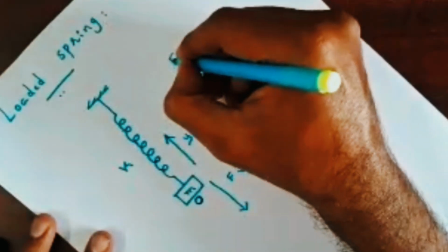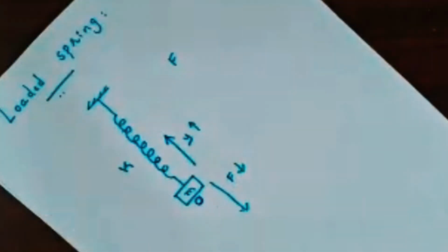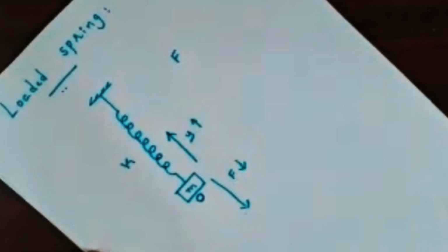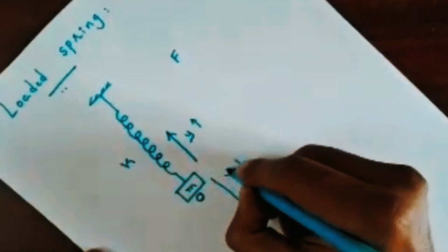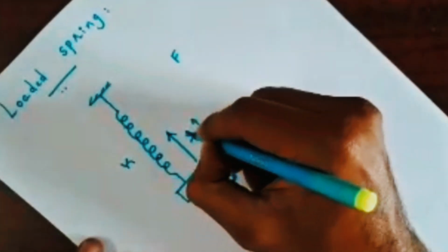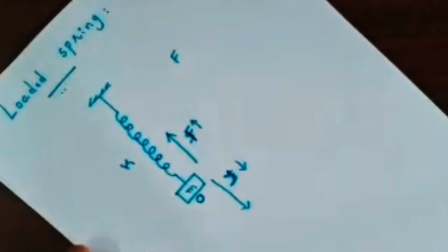So that's why here restoring force is generated within the spring. This is the displacement of the body and it is the force acting in the spring. Displacement of the body is in the downward direction. The restoring force which is produced in the spring is in upward direction.